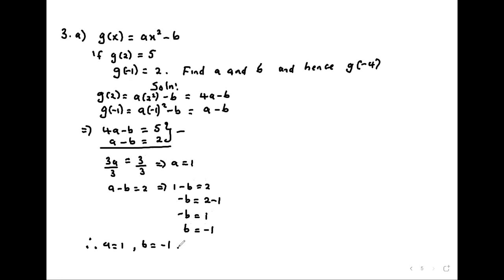The next thing is find g of negative 4. Now that you have the values of a and b, our g of x has become x squared minus negative 1, which is x squared plus 1. So what is g of negative 4?